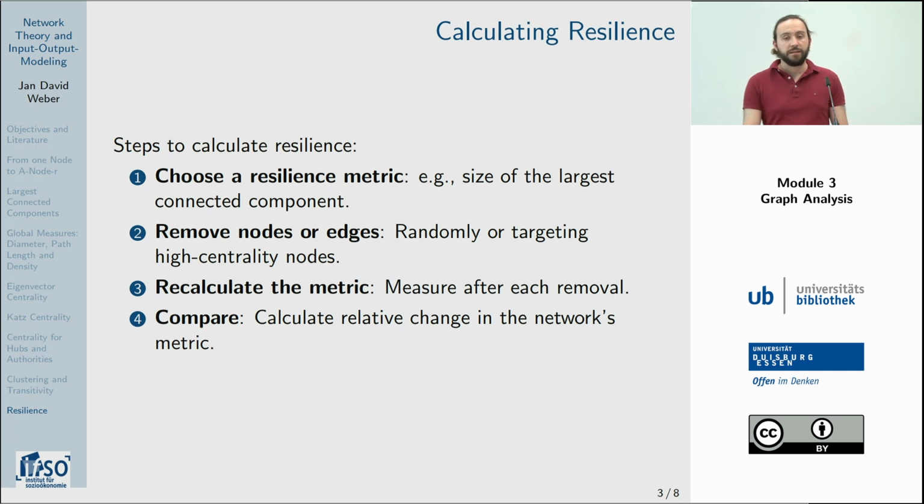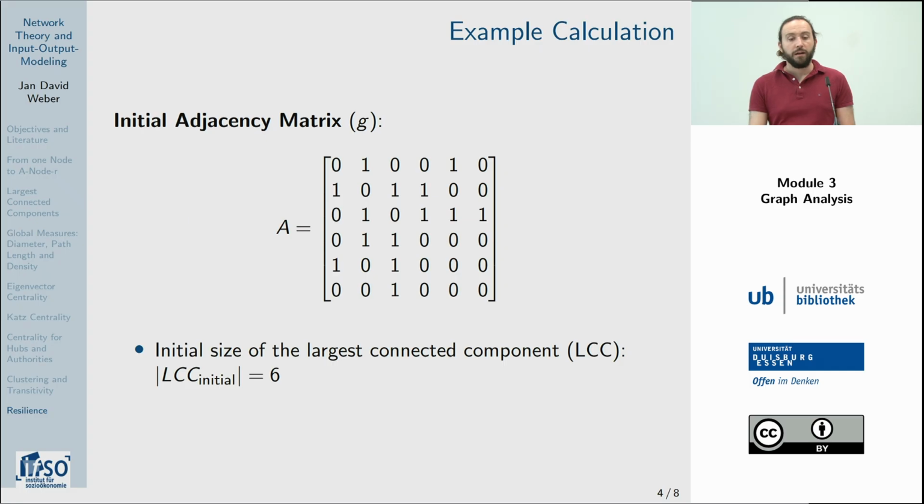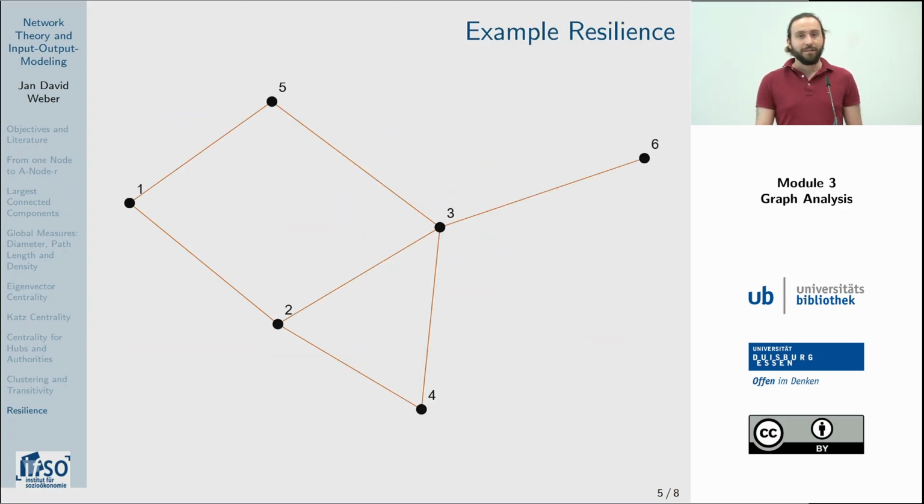As I said, in this example, we take the largest connected component as the metric of consideration. We have an initial adjacency matrix where the largest connected component is 6. I show you the adjacency matrix for completion, but we also look at the graph themselves.